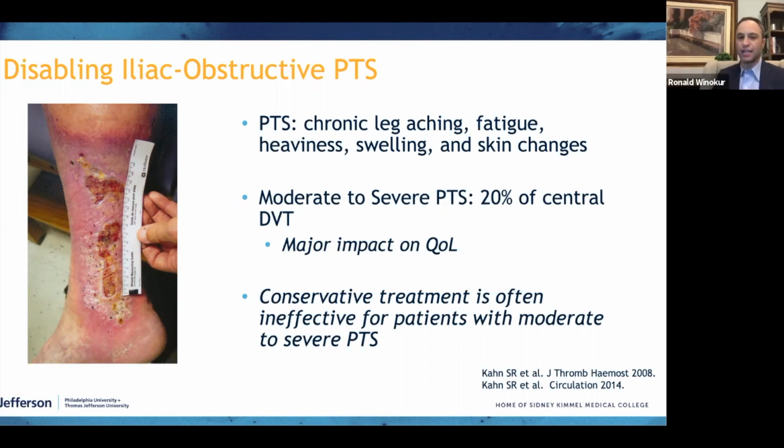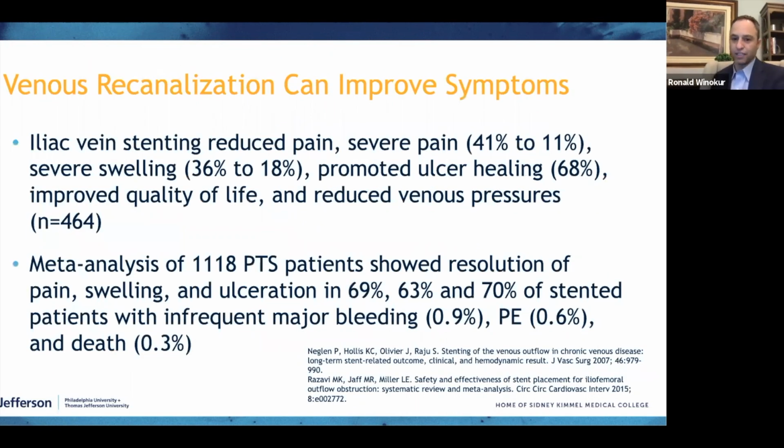And if we look at the data on iliac vein stenting, there's clear data showing that there's benefit for iliac vein stenting in reducing pain, in reducing swelling, in reducing ulcers, basically promoting ulcer healing, and improving quality of life. And in a meta-analysis of over 1,000 patients, we saw a resolution of pain, swelling, and ulceration in 60 to 70% of patients who received stents with very low complication rates.